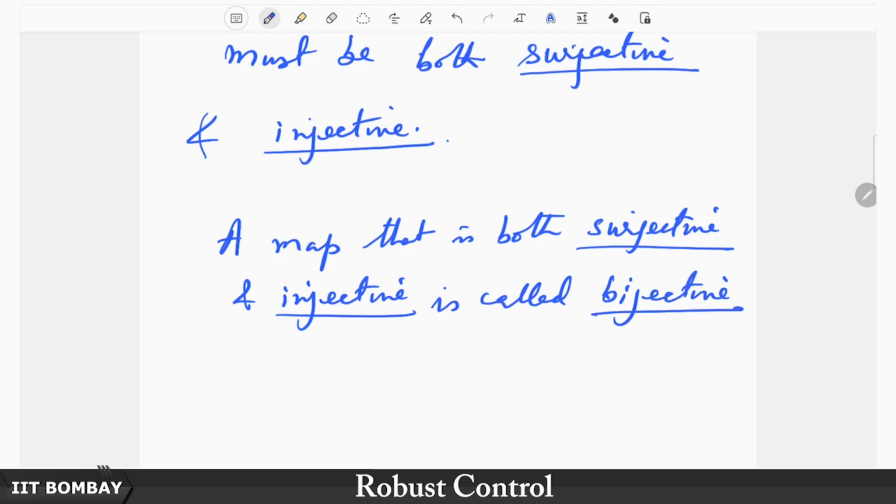So if you have both surjection and injection, then the linear map must be a linear bijection. That is a very, very important property.